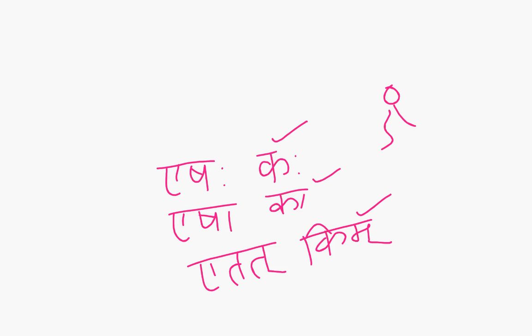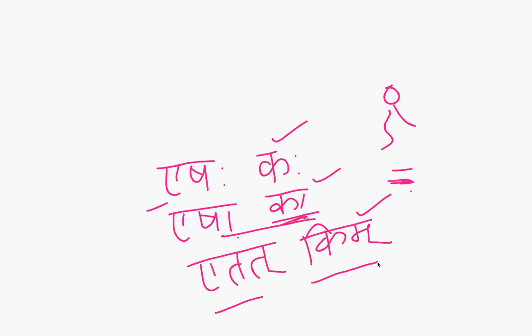Suppose it is a boy, then we ask Eshaha kaha. Suppose it is a girl, then we ask Esha ka, because we know the word for that object is strilingam, balika. So we are using Esha ka.